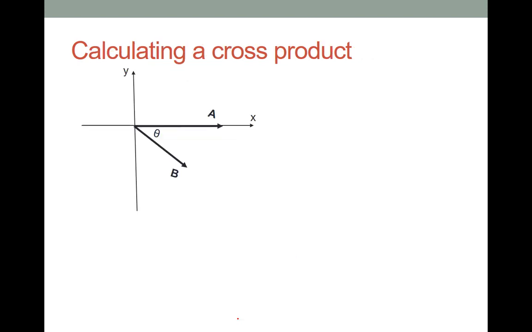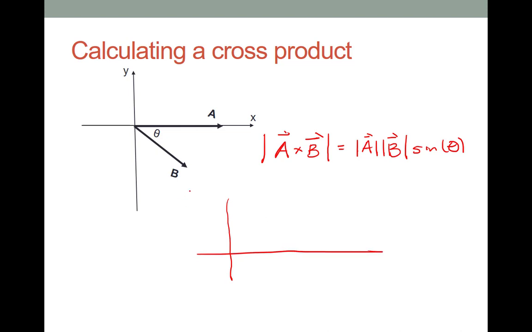First, let's look at the perpendicularness aspect of the cross product. So if I have A cross B, and because it's a vector, I've got to look at the magnitude. So I'm going to put absolute value signs around it to show that it is a magnitude. That is going to give me the magnitude of A, the magnitude of B, multiplied by the sine of the angle between them. Now, remember, if I graph sine theta as a function of theta, at 0 it starts and goes up.